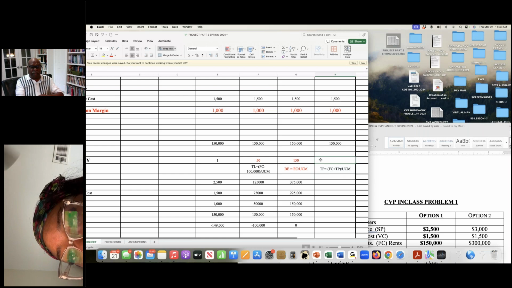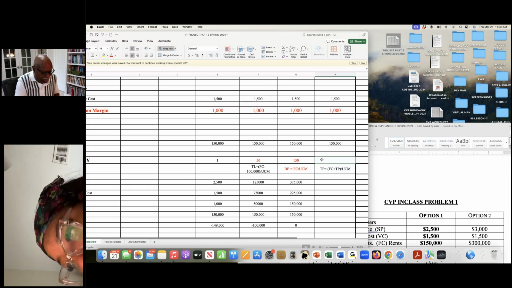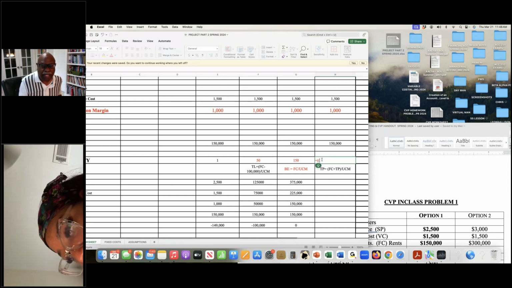So let's see if we can put that in equation form here to see if it'll work. Put the equal in, put the parentheses in twice. I'm going to click on the fixed costs, plus I'm going to go up here and get my $1 million.